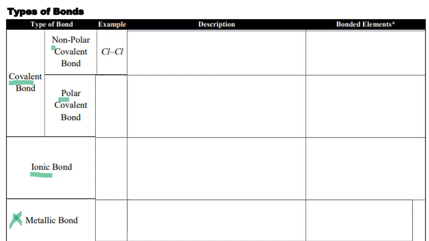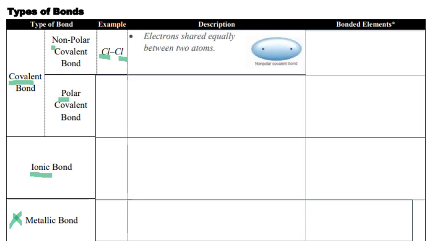So an example of nonpolar would be Cl and Cl, 2 chlorine atoms bonded together with a covalent bond, sharing. That's when electrons share equally, nonpolar. Nobody's pulling. Polar meaning one side has an advantage and one side has an imbalance.